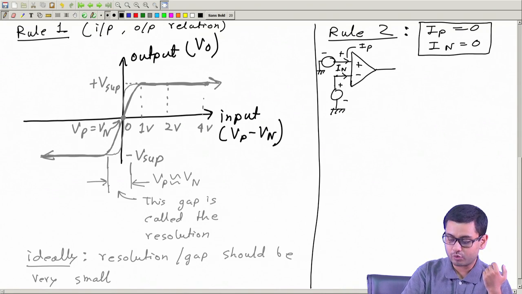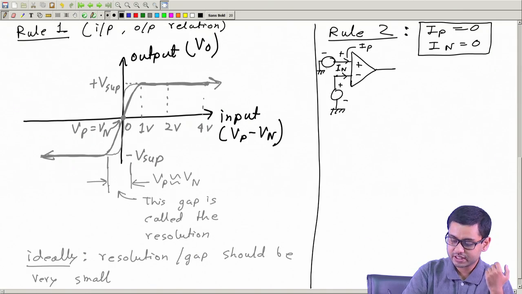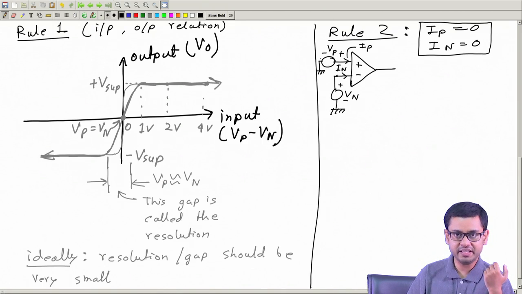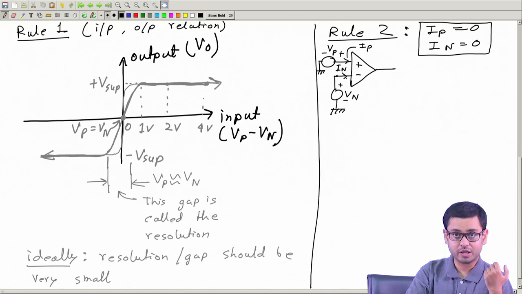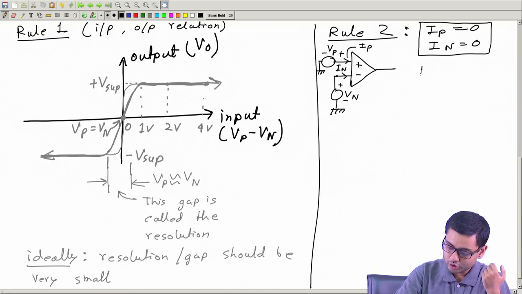No matter how large or small these voltages are, this voltage is Vn, this voltage is Vp. No matter how large Vn and Vp are, In and Ip are going to be 0, which means no current can go into the op amp through either of these input terminals. Similarly, no current can come out from these input terminals.